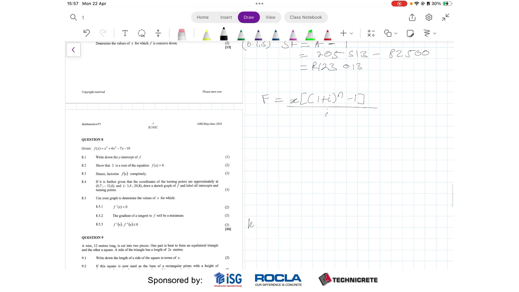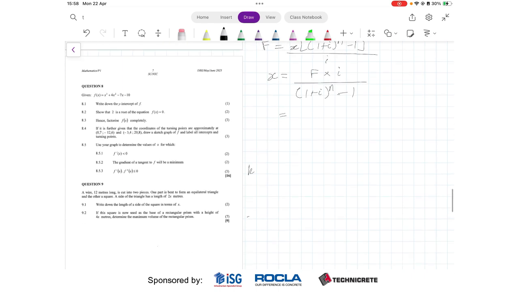By rewriting our formula to isolate x, we can immediately tell that x is equal to the future value multiplied by the interest divided by 1 plus i to the power n minus 1. Okay, now what is our future value?